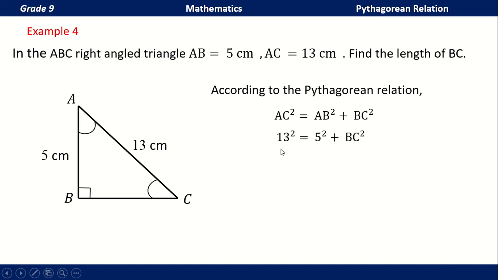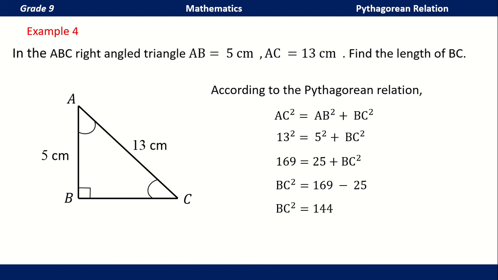Since AC is 13 and AB is 5 centimeters, you can write 13 squared equals 5 squared plus BC squared. By finding squares, 169 equals 25 plus BC squared. To find the value of BC, you have to move 25 to the other side. So BC squared equals 169 minus 25.